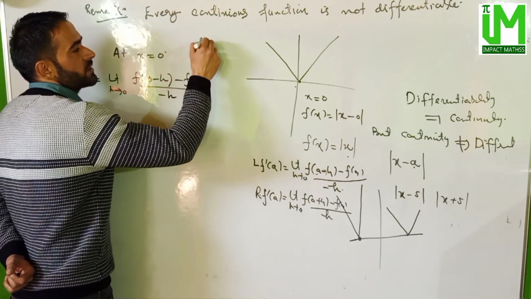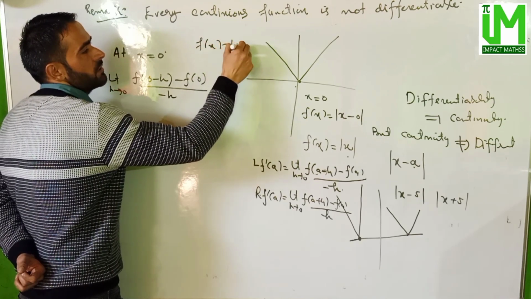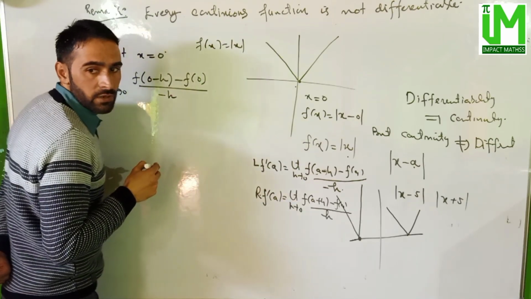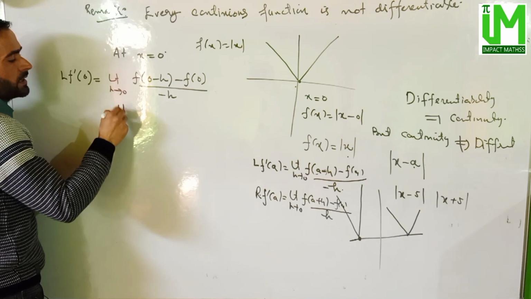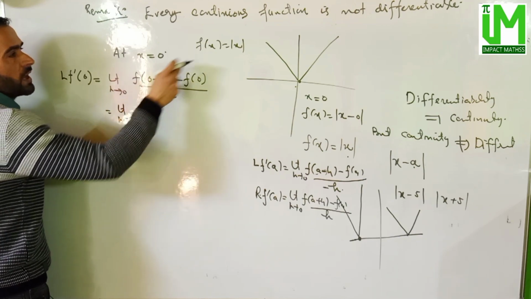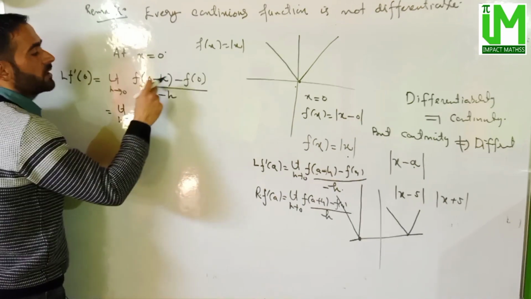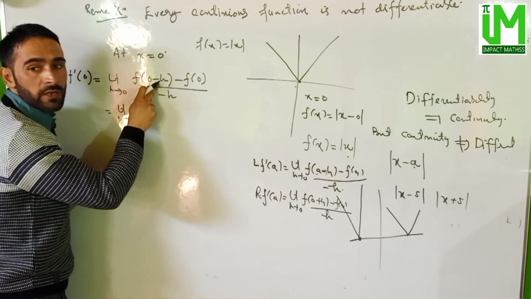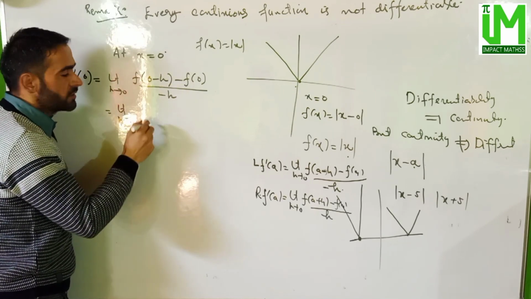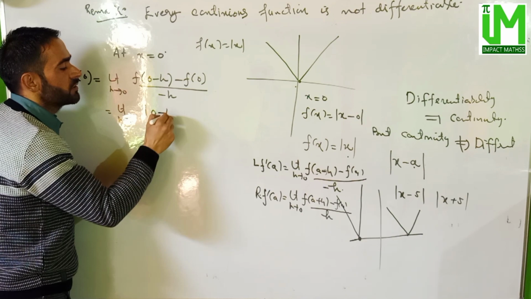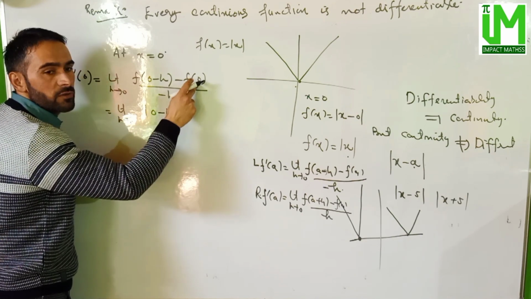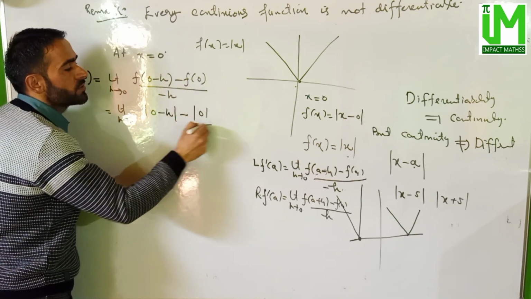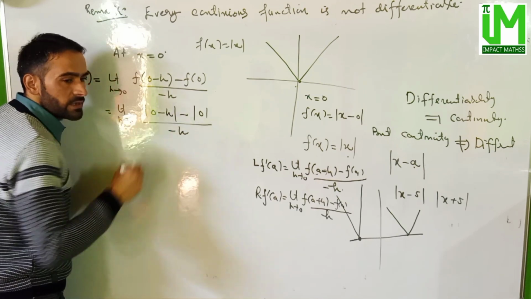Now what is f of x equal to? f of x is equal to mod of x. What will be f of 0 minus h? It is mod of 0 minus h, minus f of 0. f of 0 is mod of 0, divided by minus h.